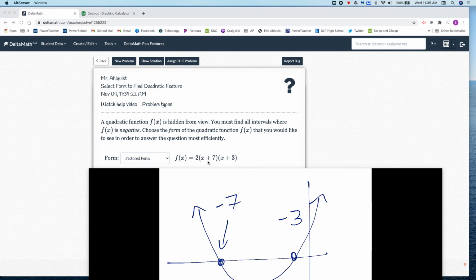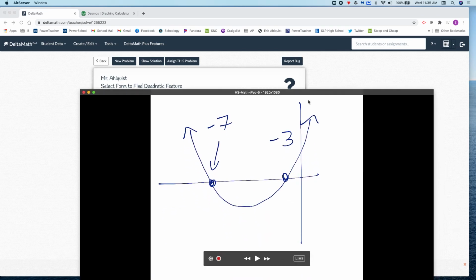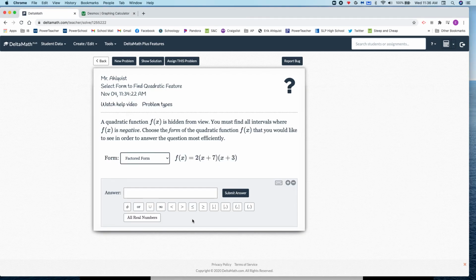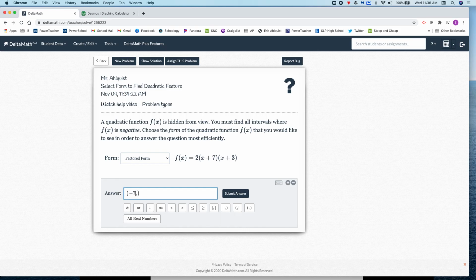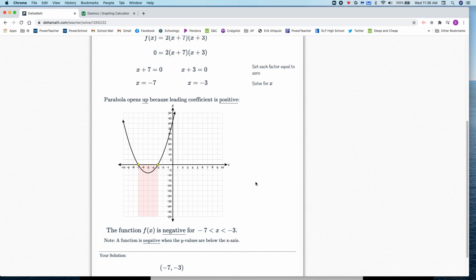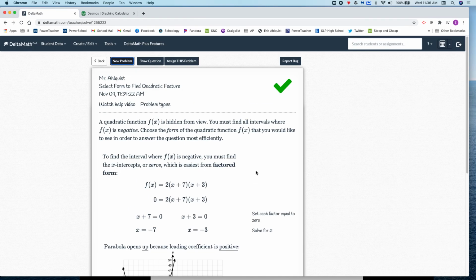Notice my x-intercepts are -7 and -3. So based on this, this is all the spot where f of x, or y, is negative, in between -7 and -3. So if I have an interval in between there, I should get a picture that looks like what I was thinking it should look like. Let me do a new problem.